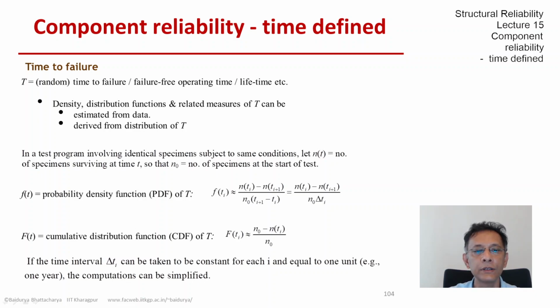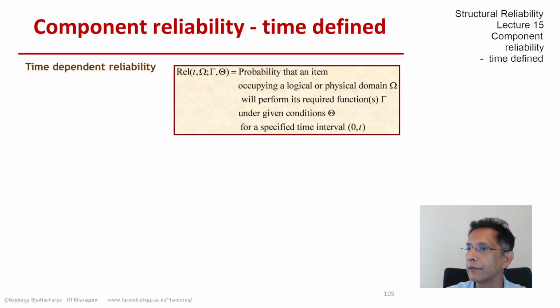So with this in mind, let us now go back to the definition of reliability that we had at the beginning of this week, that it is a probability that the item will do its job over the duration 0 to t.